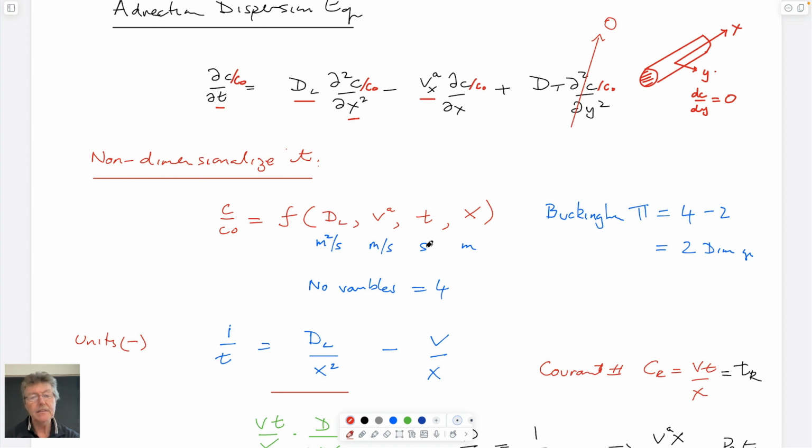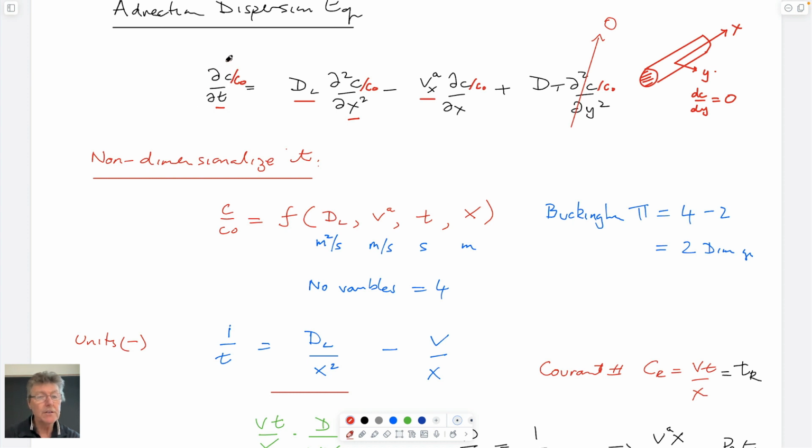And Buckingham Pi says that if you have 4 variables and 3 dimensions, mass, length, and time, with 2 of those left in there, then the total number of non-dimensional parameters you have is 2. So we know that we're going to have that.